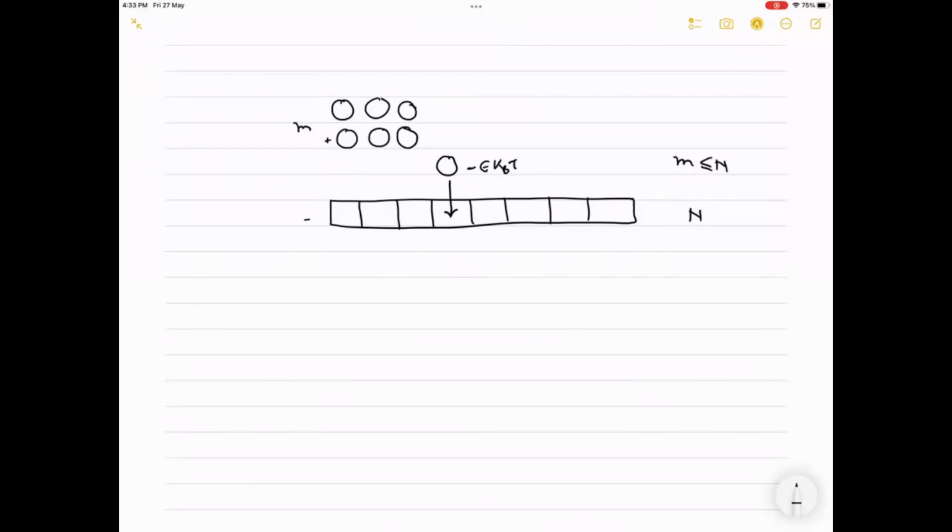I would like to know, if this interaction is favorable, and we have a total of N binding sites and a total of M identical proteins available for binding, and binding of each protein lowers the energy by minus epsilon kBT, ultimately how many proteins will go and bind to the DNA? Anyone?